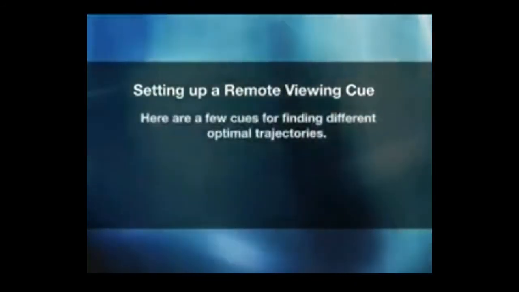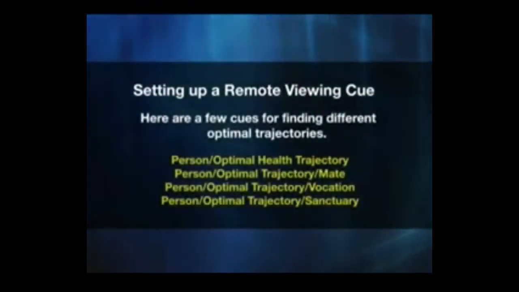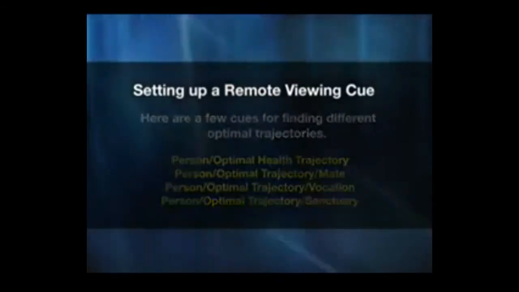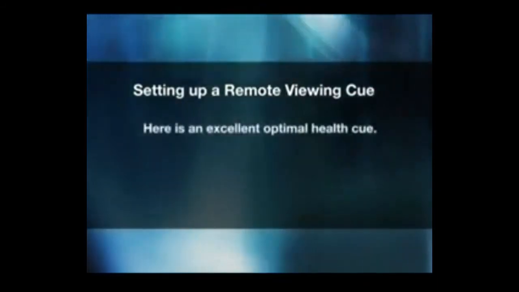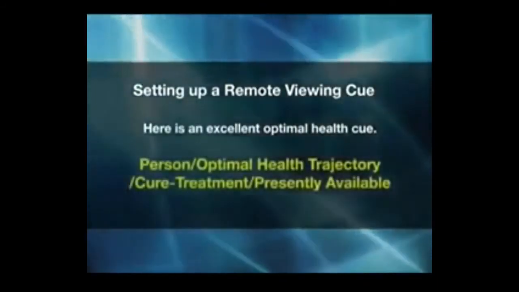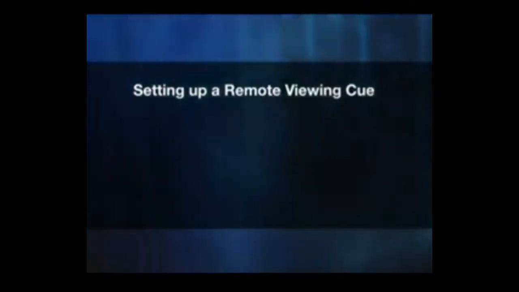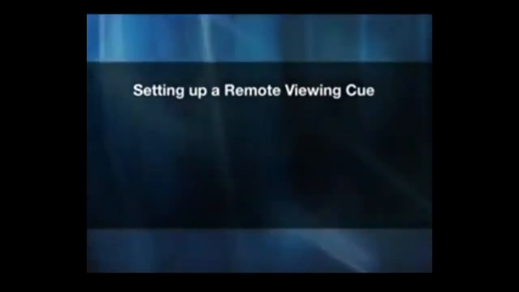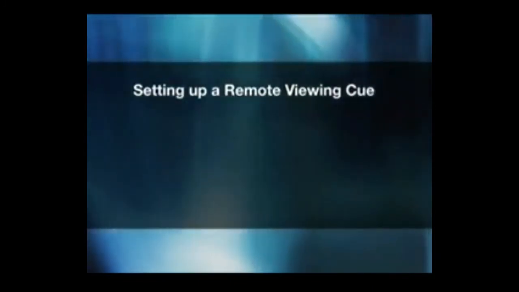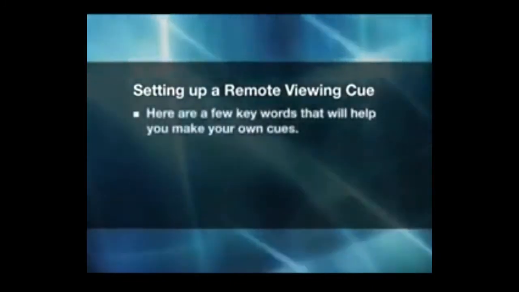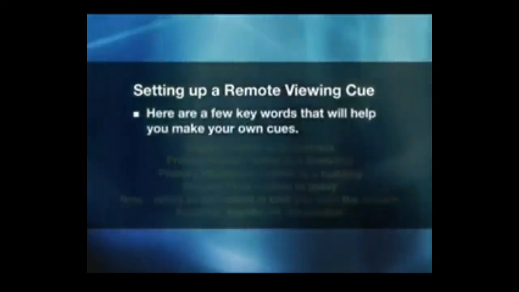Optimal trajectory cues. And finally, an excellent health cue. Over the years, it has been determined experimentally the best terms to use for the most efficient results. A few words that you may wish to use in cues that you make should be as follows.